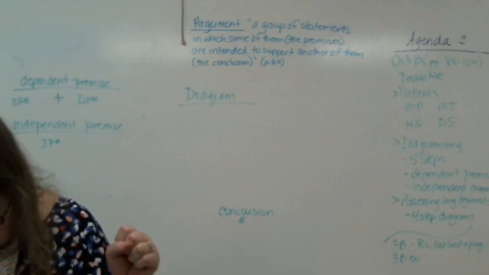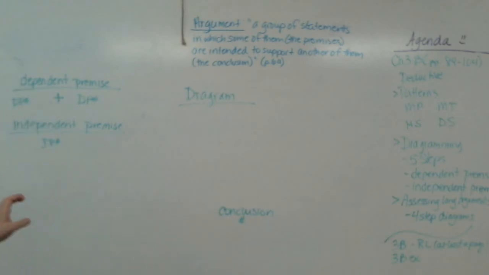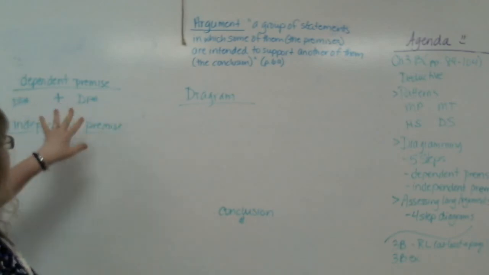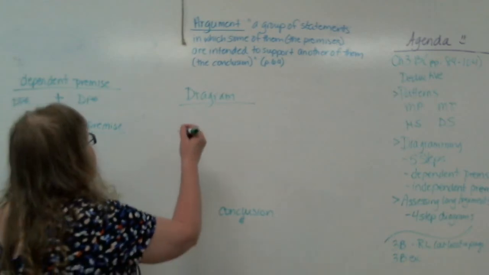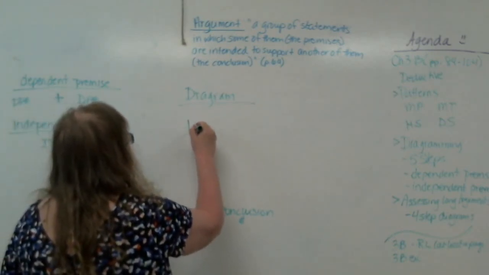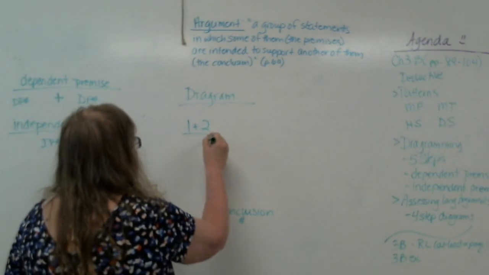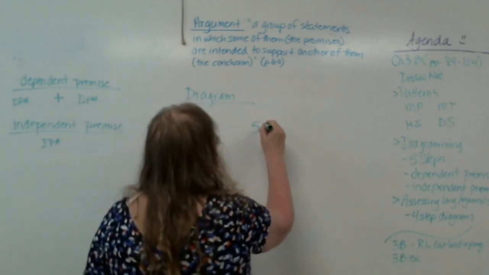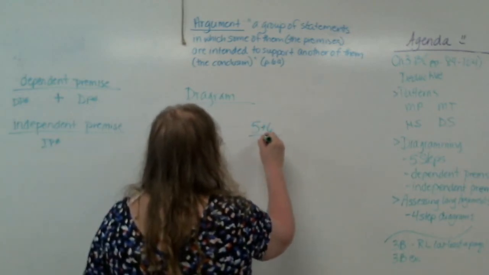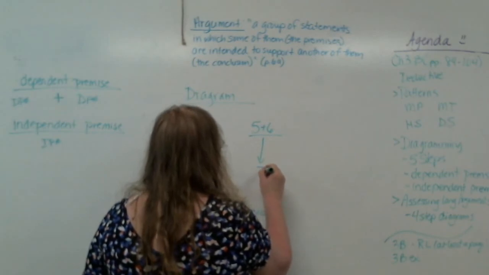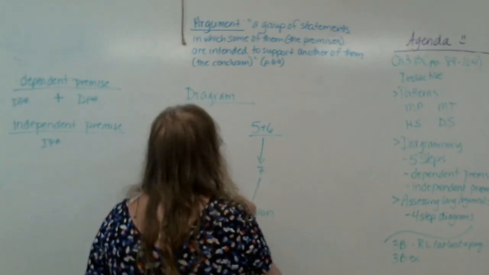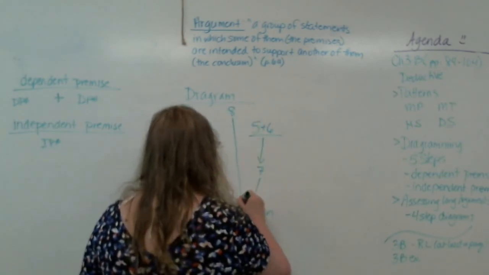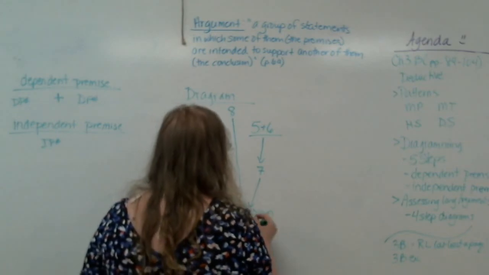So if you're building a diagram and you have, say, two sets of dependent premises and an extra independent premise, you would have something that might look like this. 1 plus 2 leads to the conclusion directly. 5 plus 6 leads to 7, which leads to the conclusion. And then sentence number 8, all by itself, just goes there. And so maybe the conclusion is number 4.